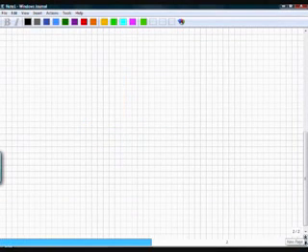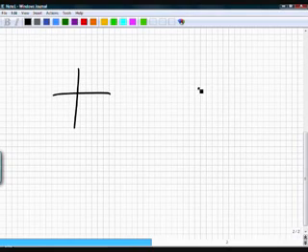Coterminal angles stop in the same spot. Let's look at examples. Let's call it a 45-degree angle, with an initial side along the positive x-axis and a terminal side at 45 degrees. That's the same thing as one full rotation and then another 45 degrees.